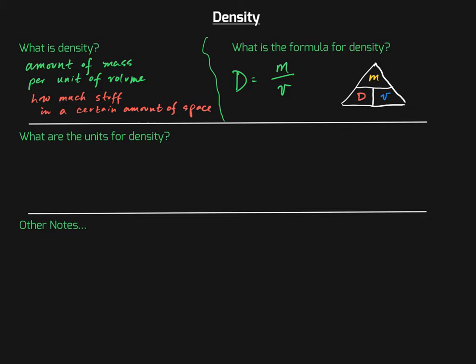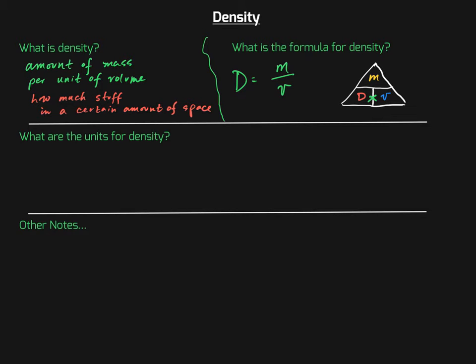Let's say that I do ask you to solve for mass. Well, what you do there is you're going to cover up M, okay? You're going to cover M up, and what are you going to have? You're going to have density times volume, okay? So let me draw that in here. You would have density times volume.